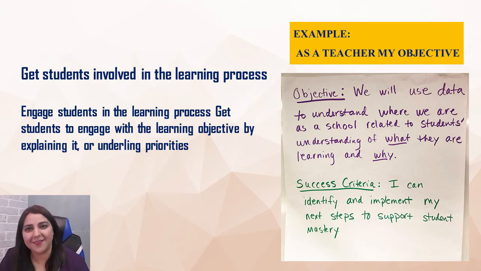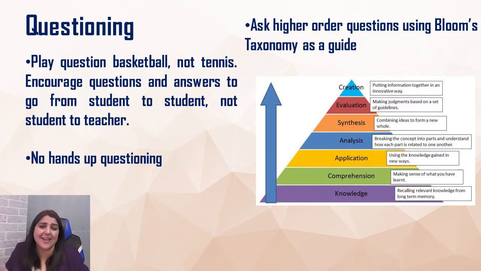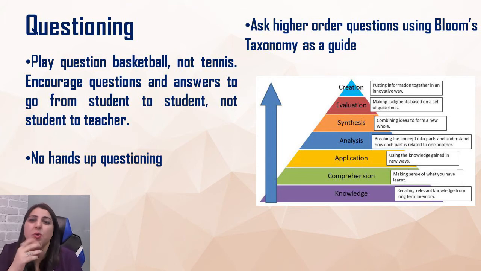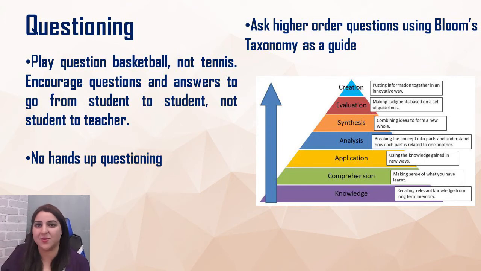And the lesson plan first has your learning objective. So why and how and what they're going to learn comes through the lesson, but it's important for them to know about it. Questioning is, again, a very interesting part of, I would say, the personality of a teacher. Now, what do you want to do? Do you want to play basketball or do you want to play tennis? So play question basketball, student to student, not student to teacher. No hands up questioning.